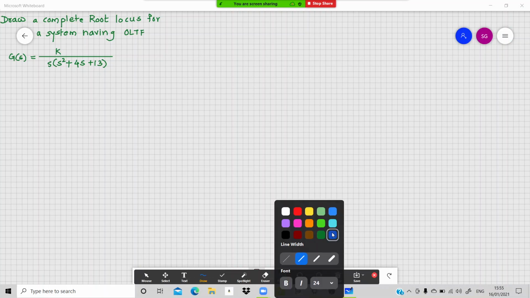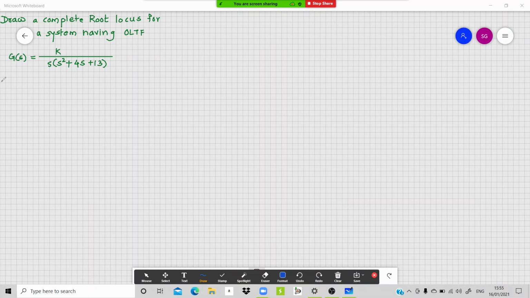Yeah. So we'll go one by one. So number 1, number of zeros in the system. Nothing in the numerator, only K is there, so no zeros, so 0. And that means M is equal to 0. Second thing, number of poles.